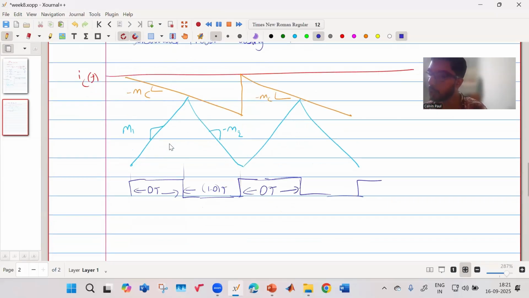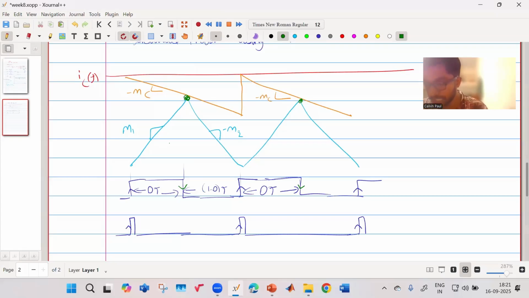What happens in this arrangement is your switch is always turned on at this point. But whenever the current hits the peak value, it will turn off.